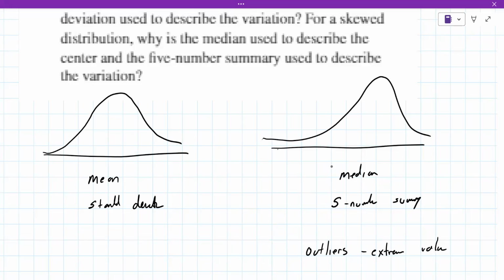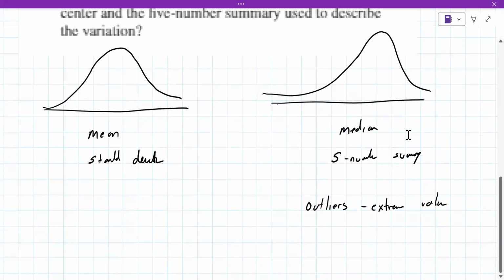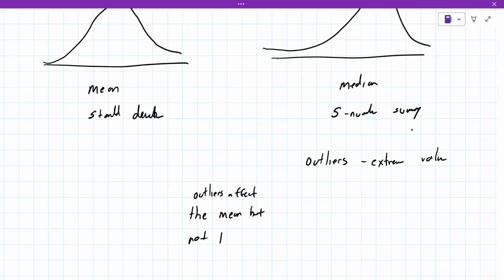So the information you're looking for is that outliers affect the mean, but not the median. So would that be our answer? Well, that's part of it.